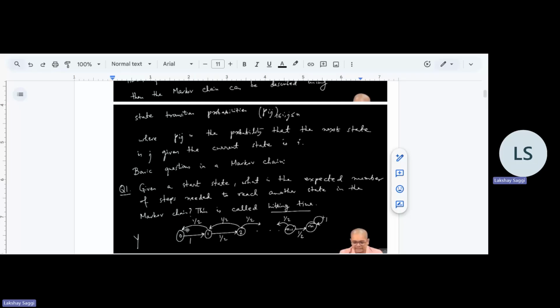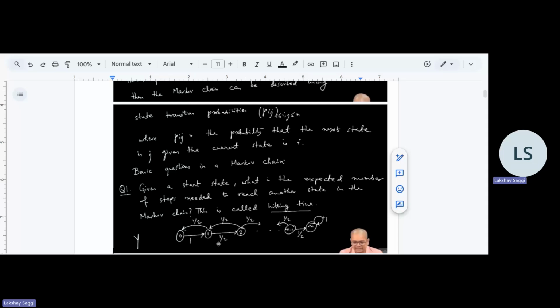One of the things is called hitting time. Suppose we are given a starting state where our process starts. Then what's the expected number of steps needed to reach another state in the Markov chain? Suppose this is the Markov chain, where from state 0 you can move to state 1 with probability 1, from 1 you move to state 2 with probability half, and so on.